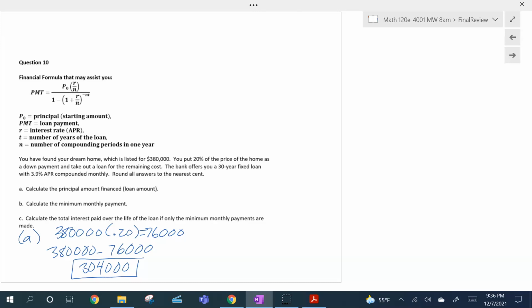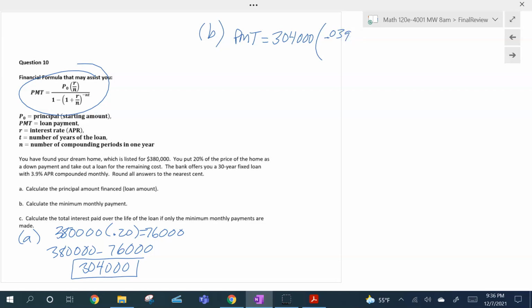Okay. Part B. Now we can use that formula. We'll punch it into the formula first. What's the payment going to be if I finance it with those terms? My payment is the loan amount, 304,000, times the interest rate, 0.039.